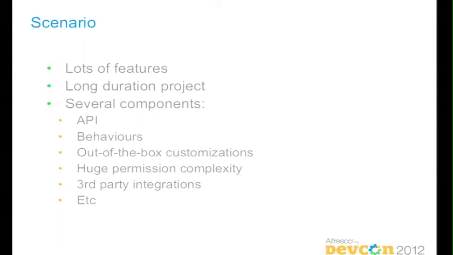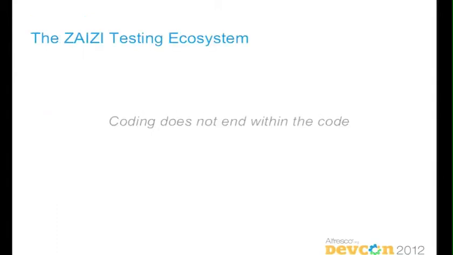It's complicated. That's the reason why we created the Zaizi testing ecosystem, under the statement that coding does not end within the code. What does that mean? It means that when we finish the code, we write some additional code for testing the code itself, okay?